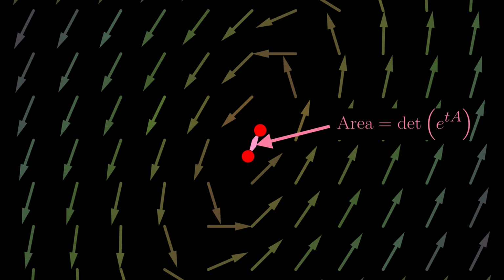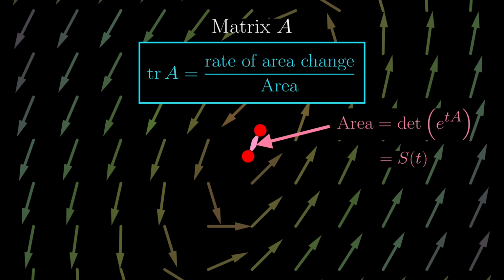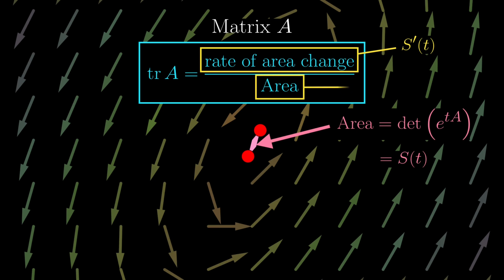And we actually know how the areas evolve along this vector flow. Let's denote the area of this region as S of t, which depends on the time elapsed along the vector field. The trace of A is the rate of area change per area, with the rate of change in area being the derivative of S, and the area being S of t itself.